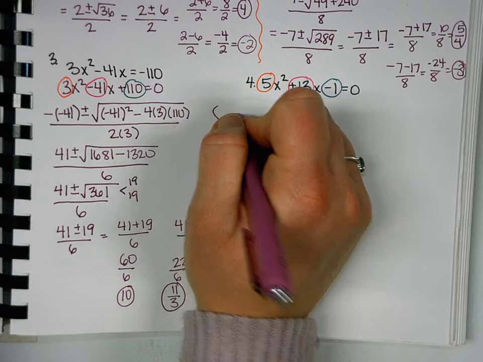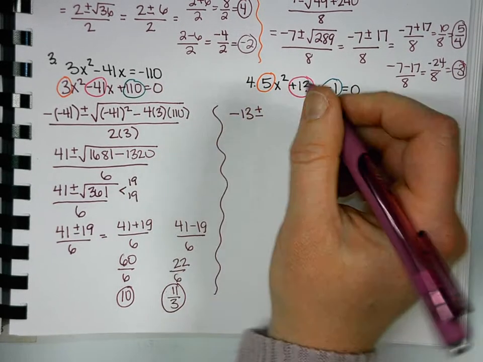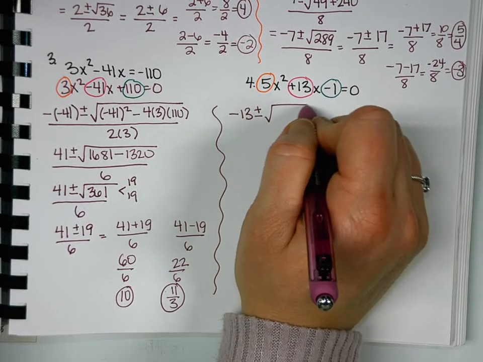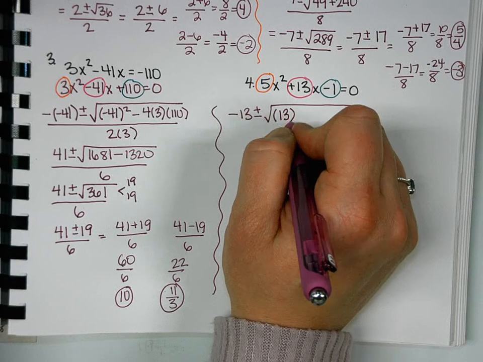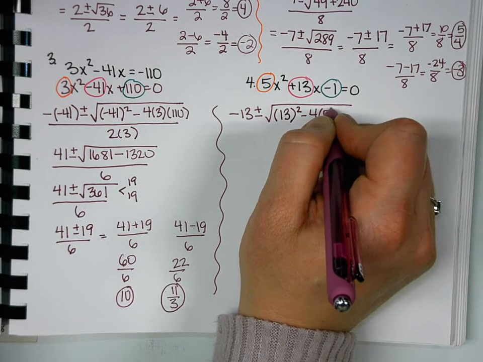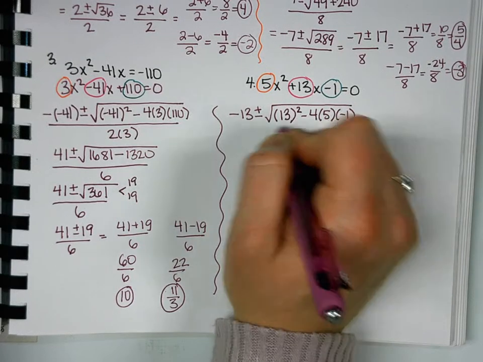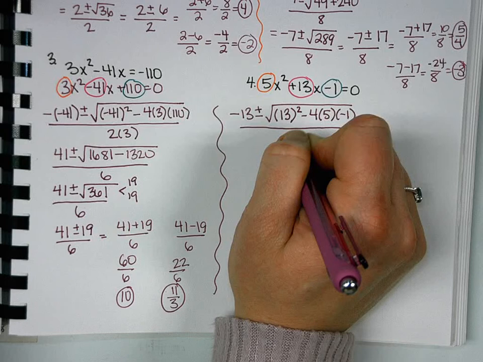Negative B plus or minus the square root of B squared minus 4AC, all over 2A.